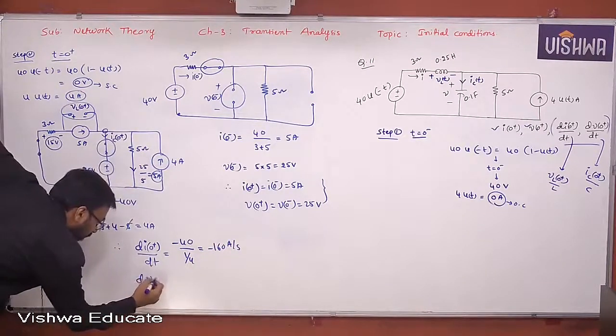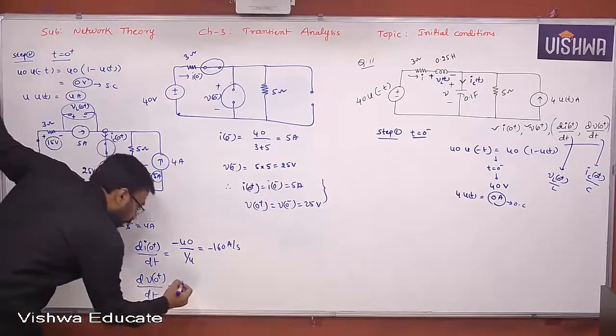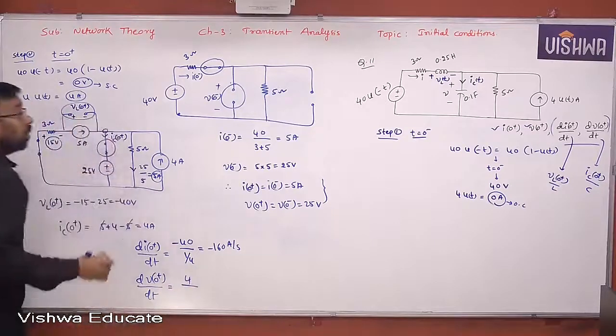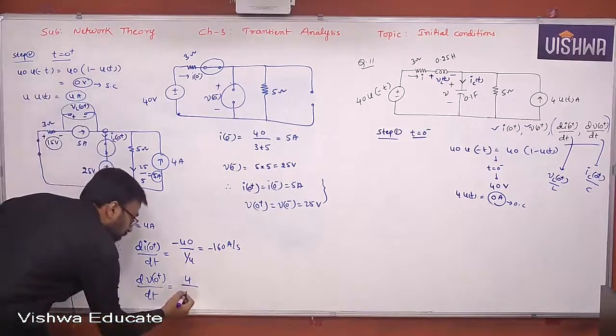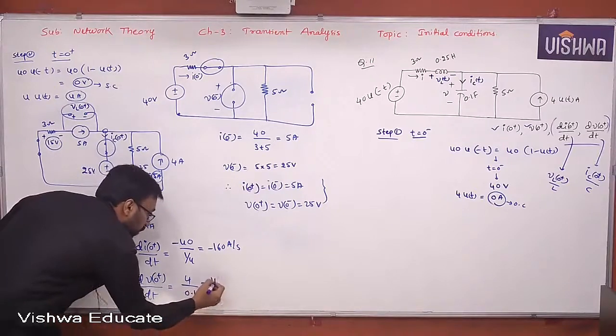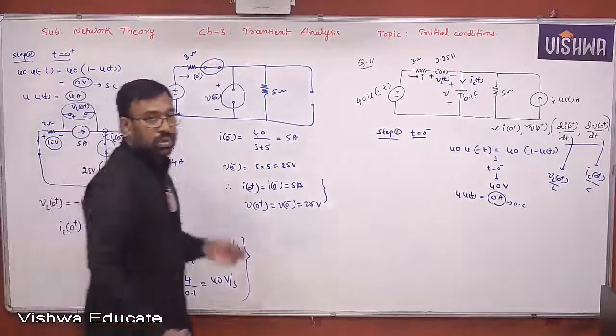And dV of 0 plus by dt is IC of 0 plus, which is 4, divided by the capacitance value, 0.1. So that is 40 volts per second. Please note down, all of you.